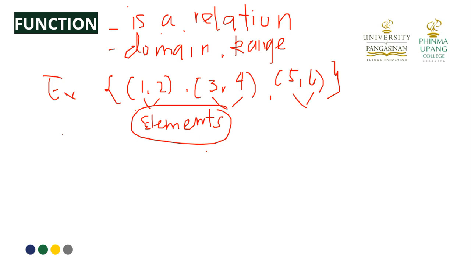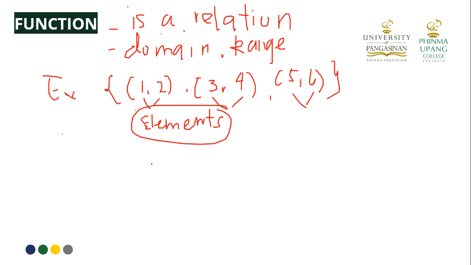And aside from that, dapat po yung domain ay iisa lang po ang kanilang mga partner. Or should I say, domain corresponds to exactly one element in the range. As you can see in our example, nasagot na yung definition ng function.